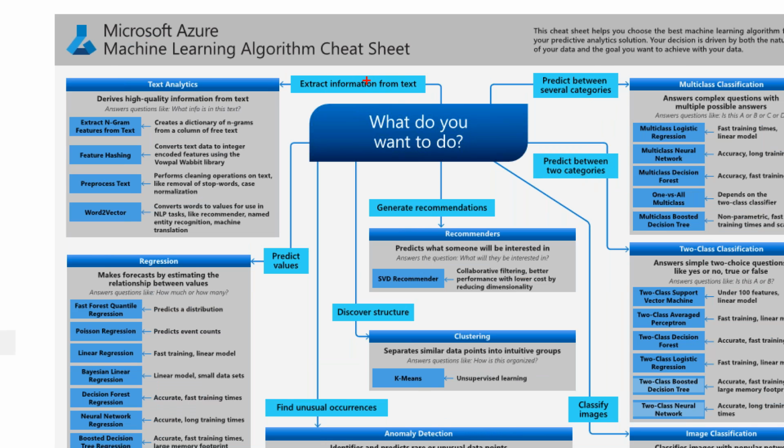You need to say, okay, I want to extract information from text, or I want to predict values from my data, or I want to find some unusual occurrences, or I want to classify images, or I want to generate recommendations based on what people are shopping for.